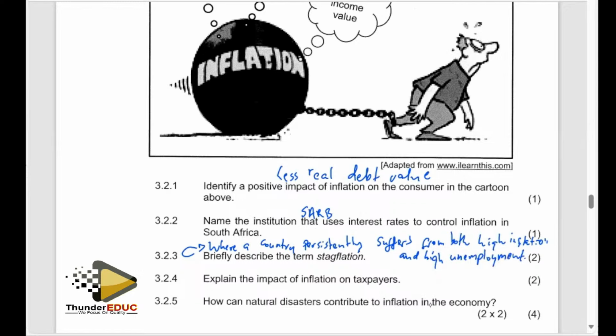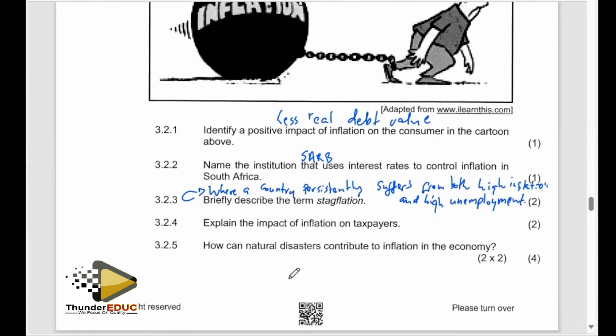Okay, right. So now let's move on to 3.2.4. Explain the impact of inflation on taxpayers. The moment there's inflation, remember, when you talk of inflation, we refer to the general, persistent or continuous increase in the general price levels of goods and services.